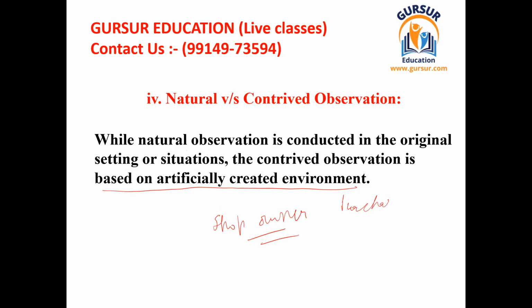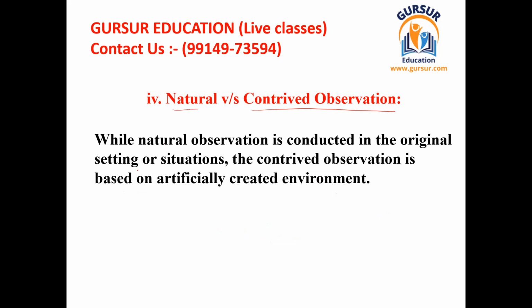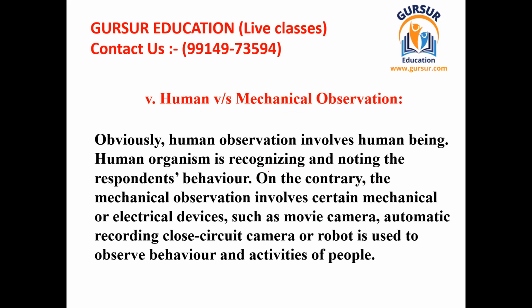You are in connivance with all the shop owners to record the purchaser's behavior. This kind of observation is contrived observation. So natural is taken in natural settings without any connivance with anyone. In case of contrived, you create an artificial environment in which the purchaser behaves and you record their behavior.